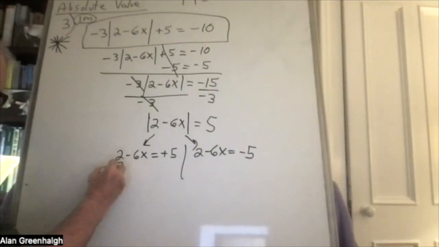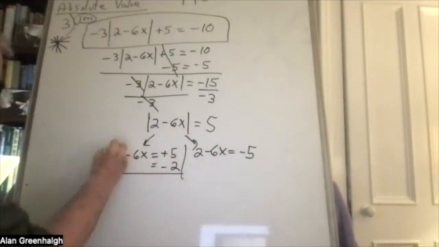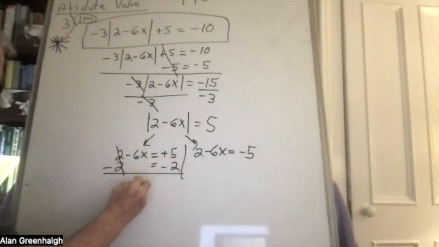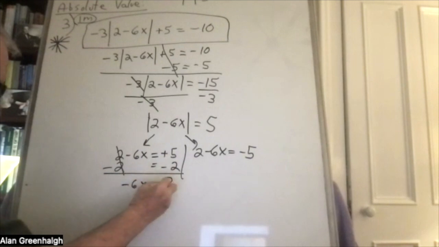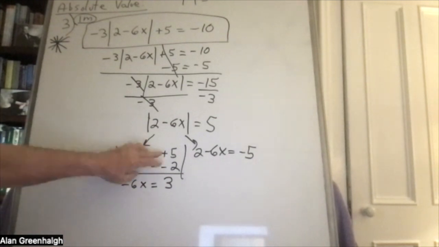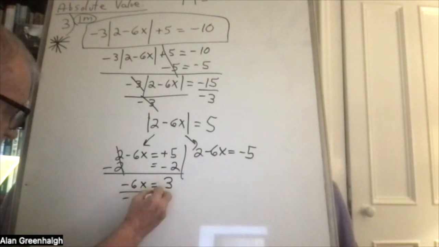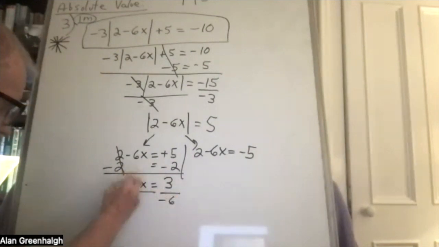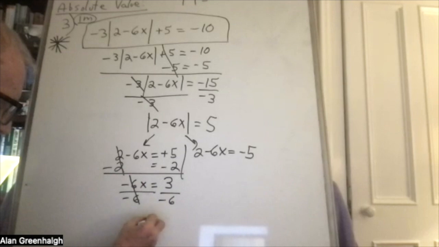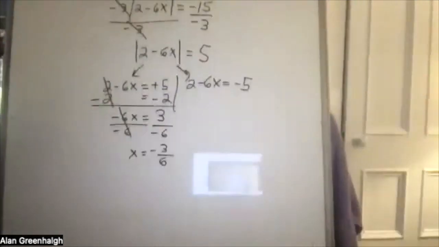And you do -2, -2, -6x equals 3. Uh-huh. Why did I say uh-huh? Because I see that x equals -3/6, but you know what I'm about to say.